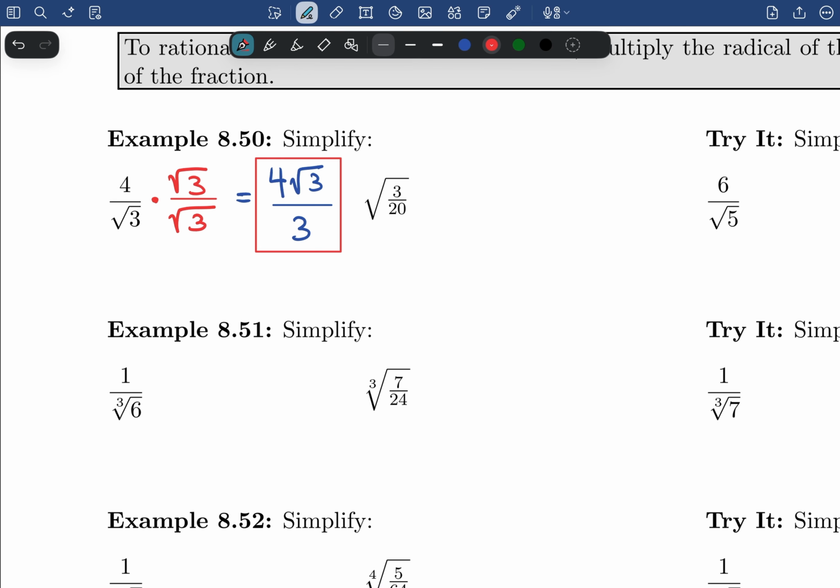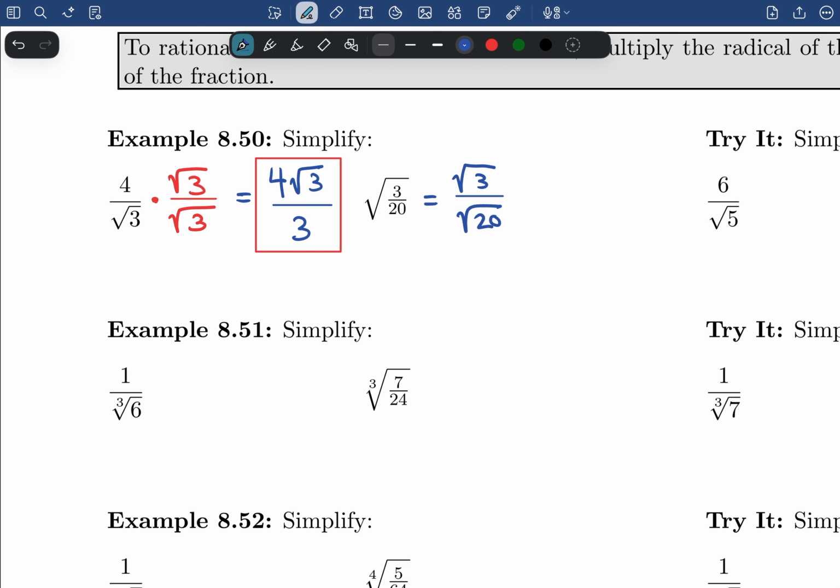Great. Well, let's move on to the second part of this example, where I have the square root of 3 divided by the square root of 20. So I have a fraction inside of this square root. And so what I'm going to do to begin the simplification process is use the quotient property and split the radical into two radicals, like this.